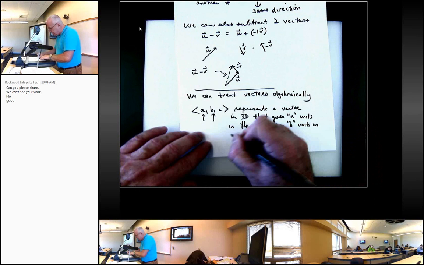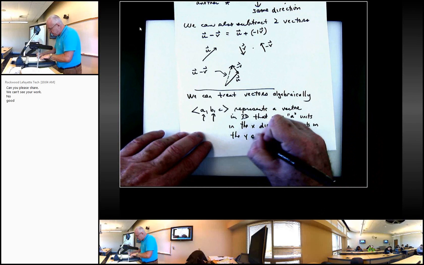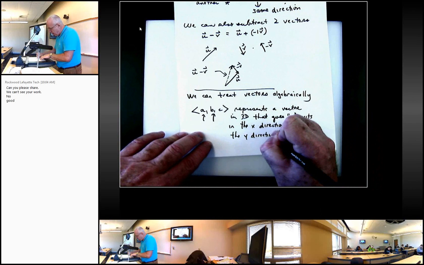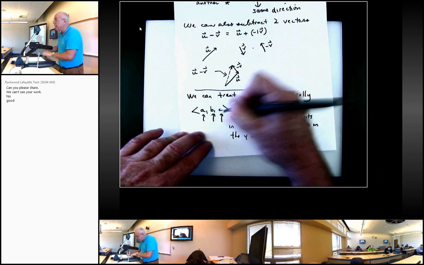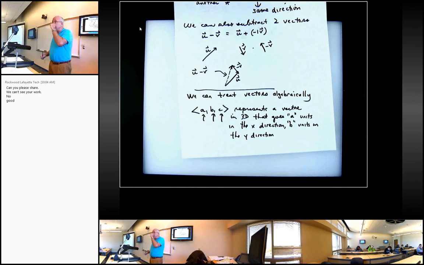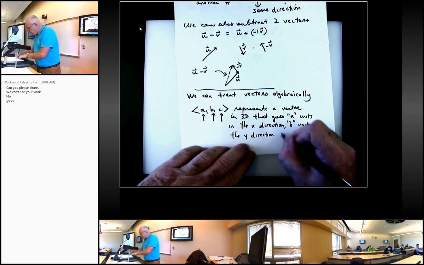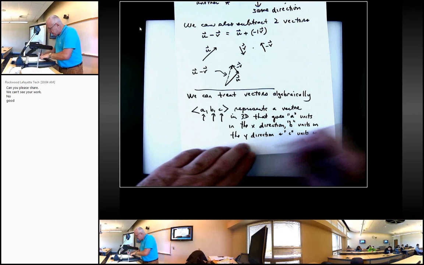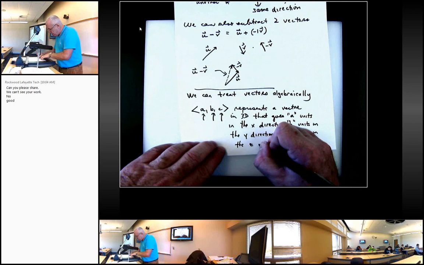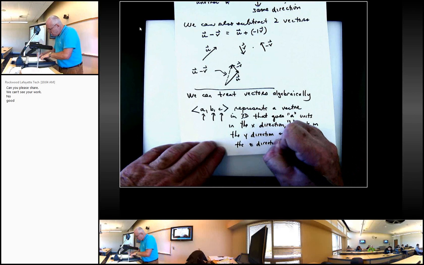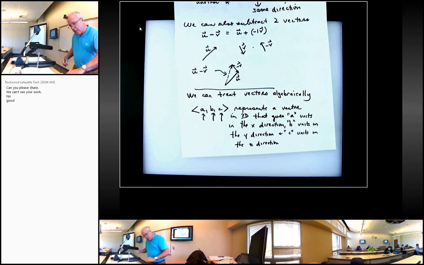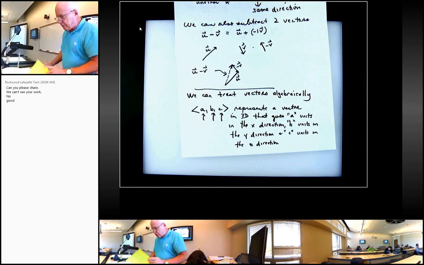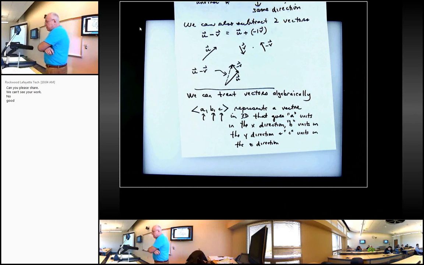And then finally, C units in the Z direction. We'll talk about magnitude in just a few minutes, but first of all, we're just looking at the direction of this thing.